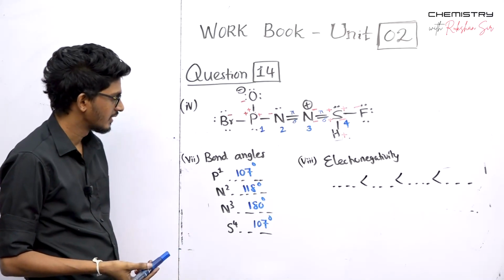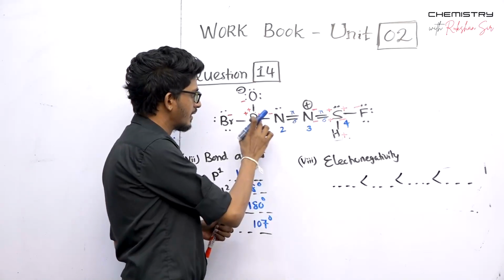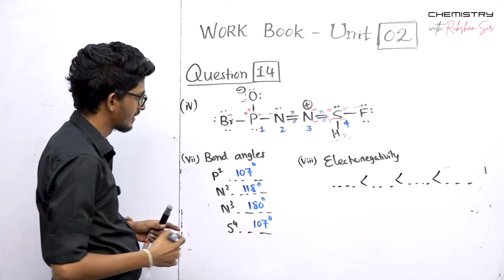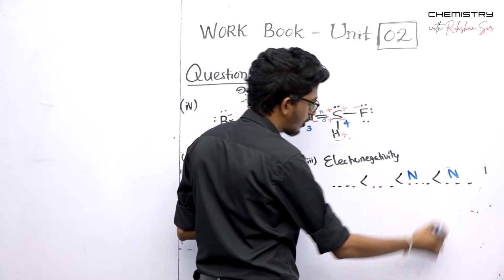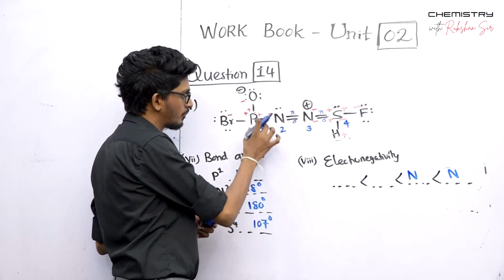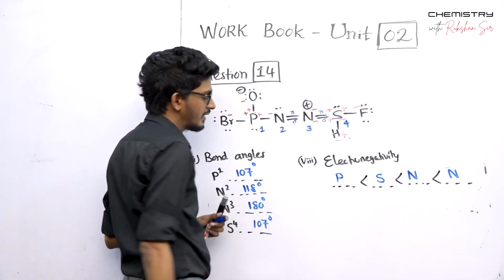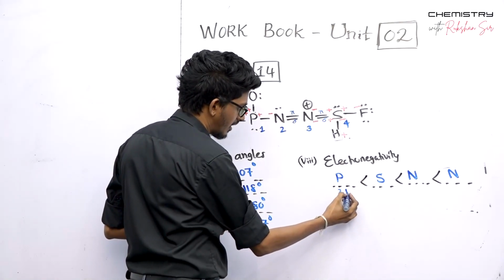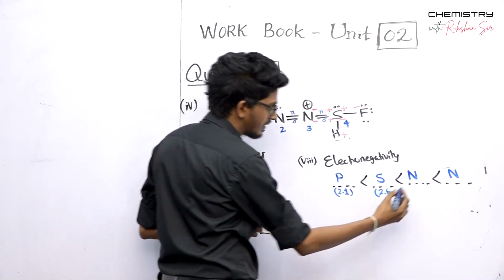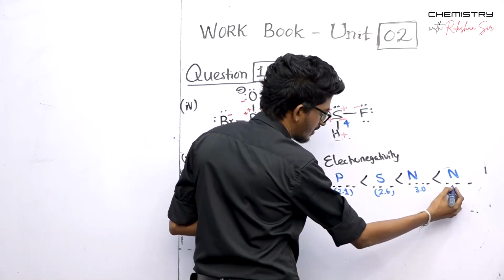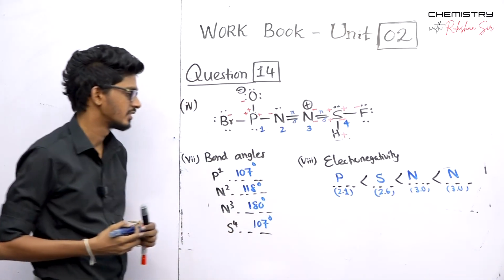According to the Pauling scale, nitrogen is always more electronegative than phosphorus and sulfur. So the two nitrogens come last. The first consideration is the Pauling scale. Phosphorus is the smallest at 2.1, sulfur is next at 2.6, and these nitrogens are 3.0 according to the Pauling scale.